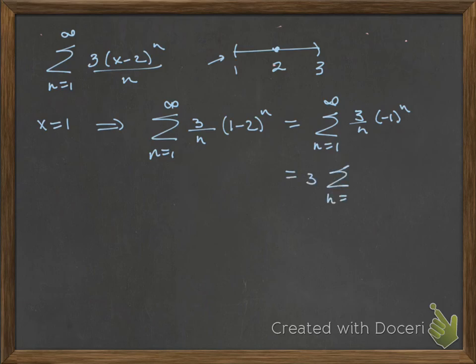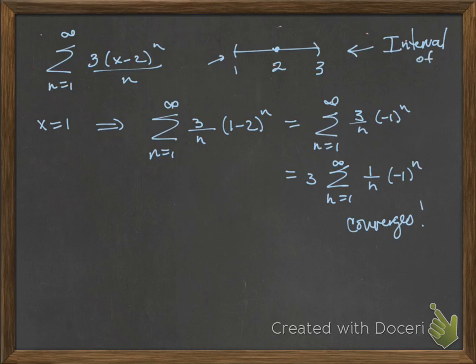If I move it out, that's really 1 over n times negative 1 to the n. And that is the alternating harmonic series, which we know converges. So coming back up to my interval, which is called my interval of convergence, always centered at the center, it does include the left endpoint.